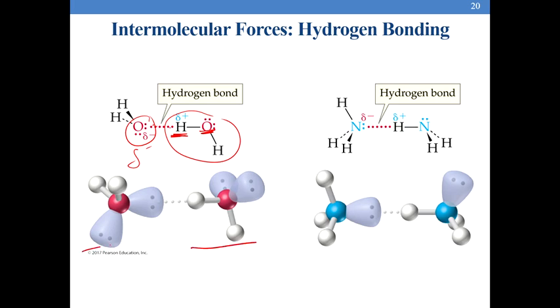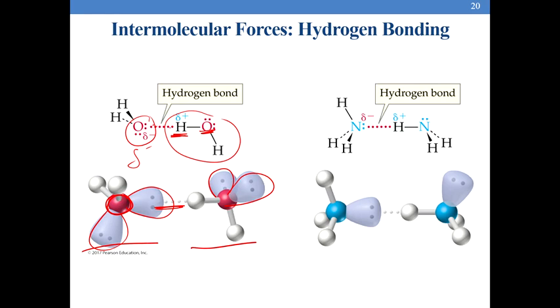These are showing the geometry where our lone pairs kind of look like bunny ears, okay? So if you were to see it in this shape, it looks kind of like the hydrogen is attracted to the lone pairs, which is totally fine, but ultimately those lone pairs are associated with the red oxygen, okay?